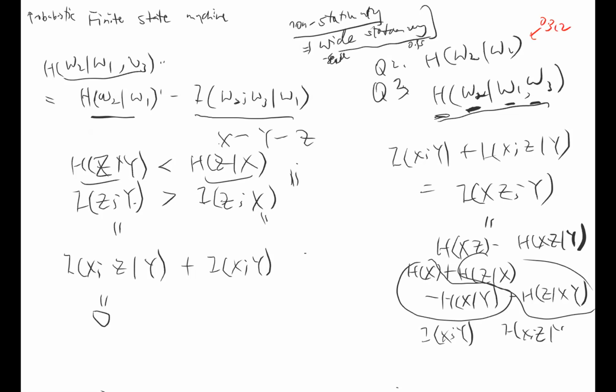Let's see, did I make a mistake somewhere? The first equation, should it be I(X; Y given Z)? Oh wait, I'm getting confused myself. So this one is like I(Z; Y given X). Yeah, okay.